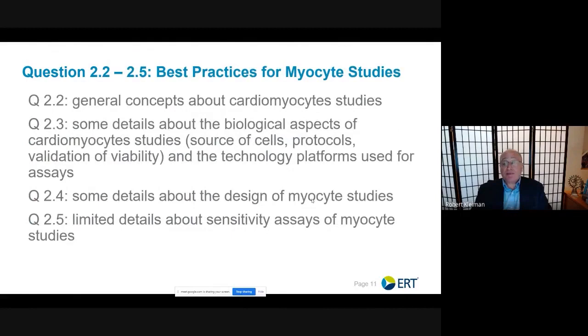And then there are best practice considerations for myocyte studies. They're generally at a relatively high level, although they do specify that one should be quite clear about the source of the cardiomyocytes, the protocol used, validation of viability, and details about the assays for cardiac risk that you're going to be performing.